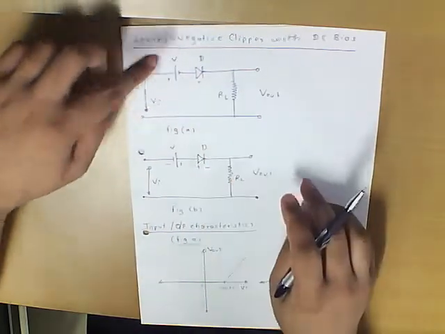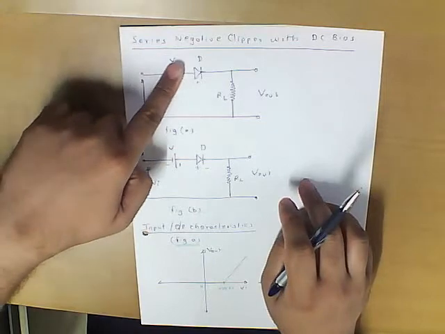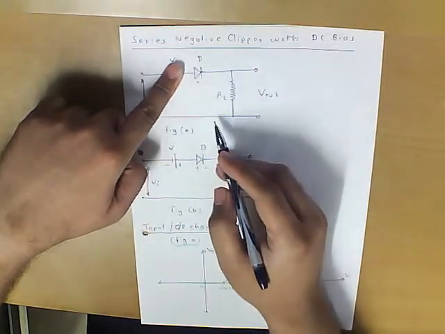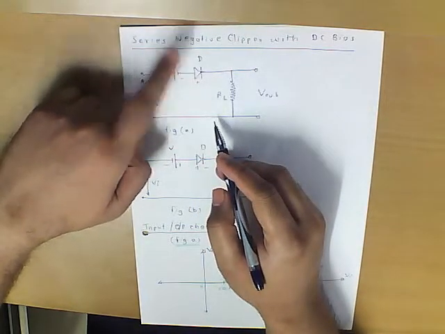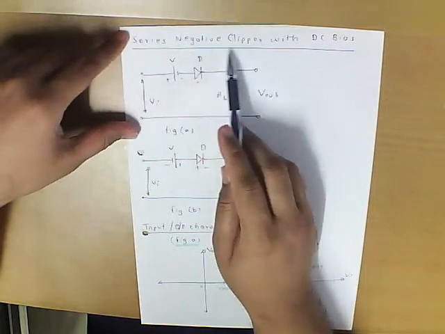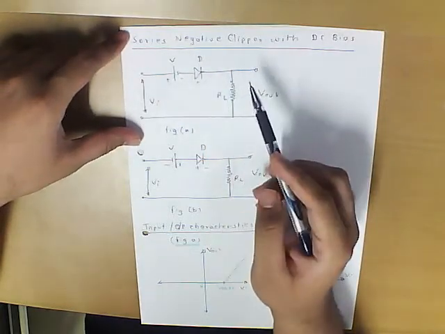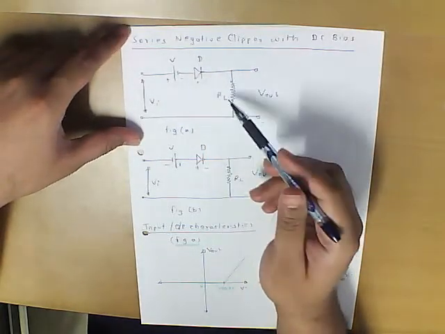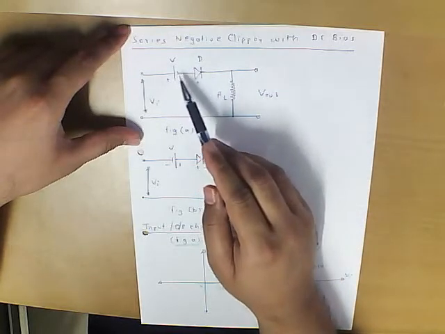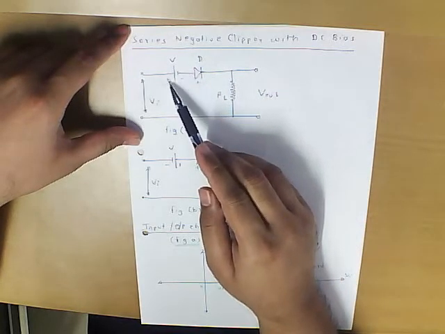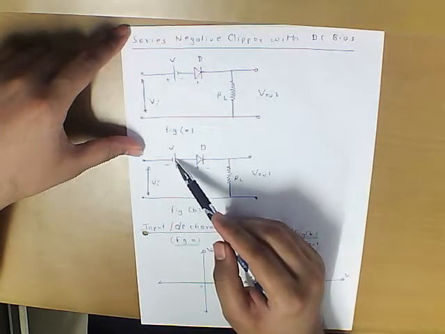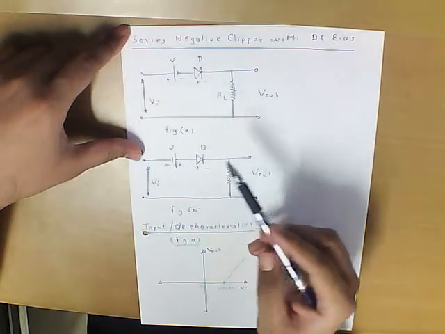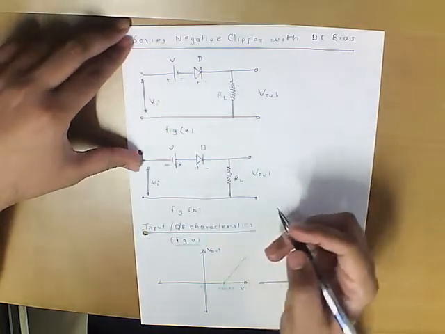If this bias is not there, then we say it is a negative clipper. If the bias is there, then we say it's a series negative clipper with a DC bias. And in that also we can have two types, with a polarity and with a reverse polarity. So how is the effect of that?